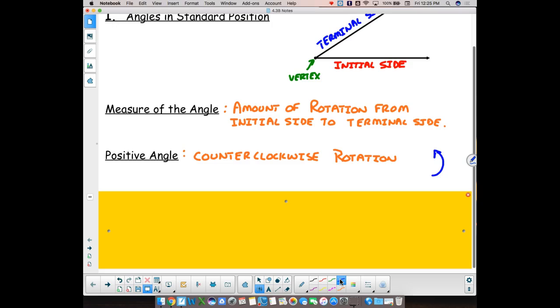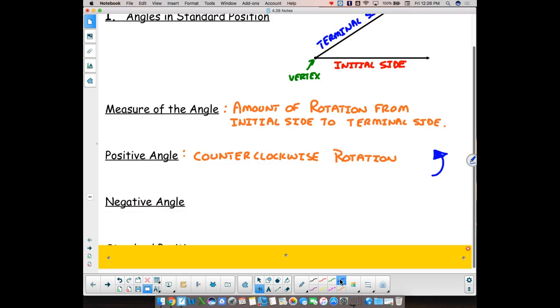Counterclockwise rotation gives me positive angles. Negative angles have clockwise rotation.